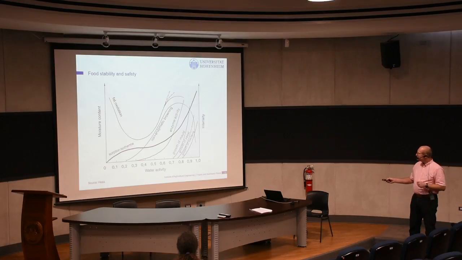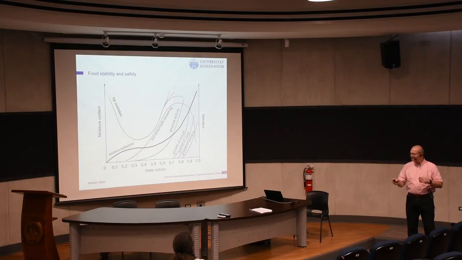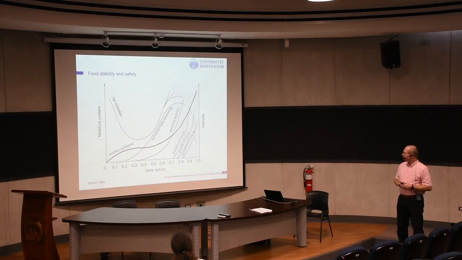And for us, very important is the growth of mold, yeast, and bacteria. You see it starts at 0.7 and then goes up tremendously. If you exceed the 0.7 a bit, then you have an explosion of the microbes. Then they have access to water. The water activity of the product is high enough that the molds can extract water from the air for living.